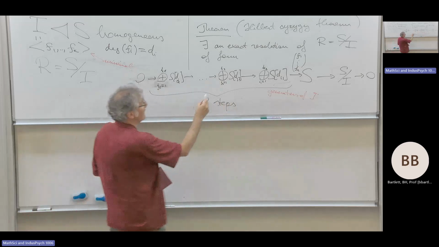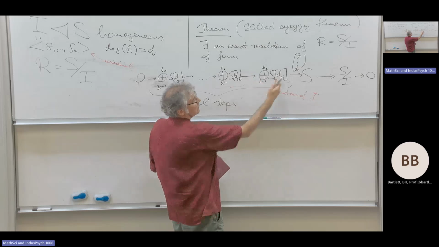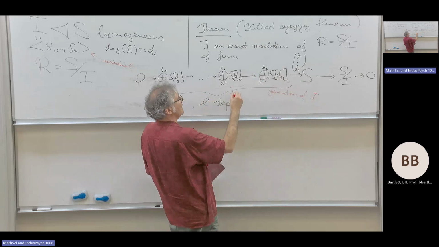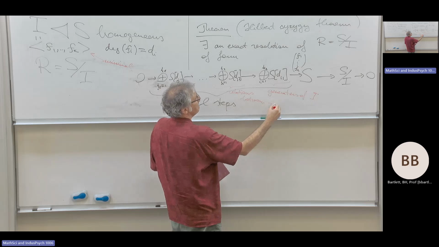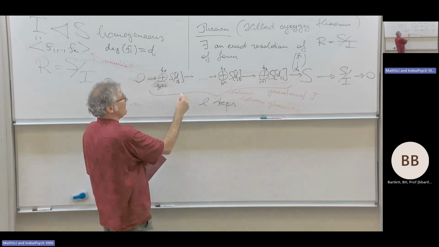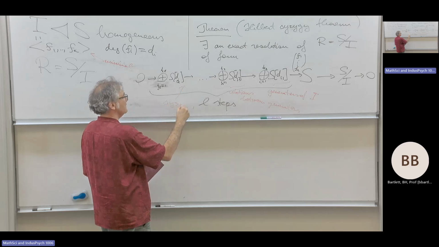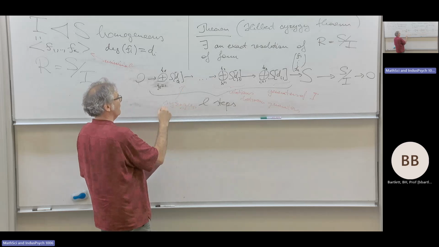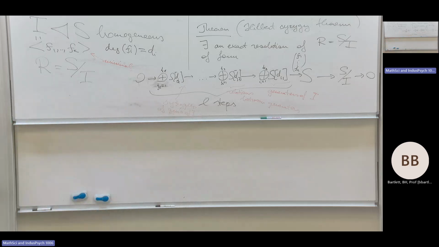In the second step, this surjects onto the kernel of this map, so these are relations between the generators. And then these are some kind of higher relations, and these higher relations are called syzygies. These are the syzygies of the generators of I. So that's the interpretation of this.